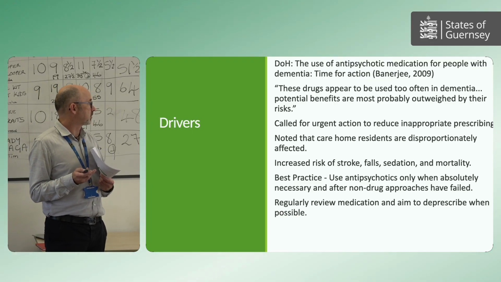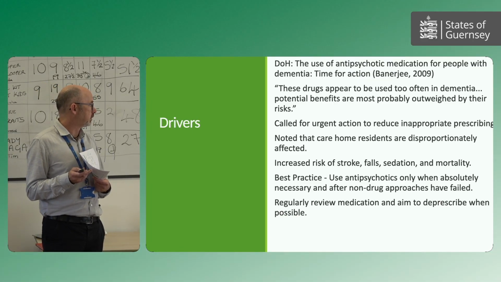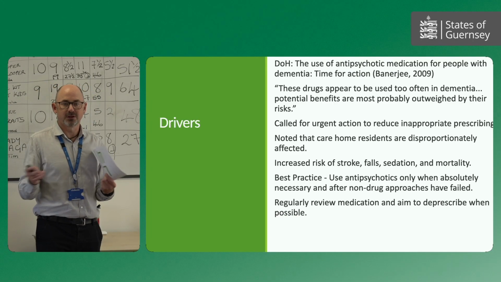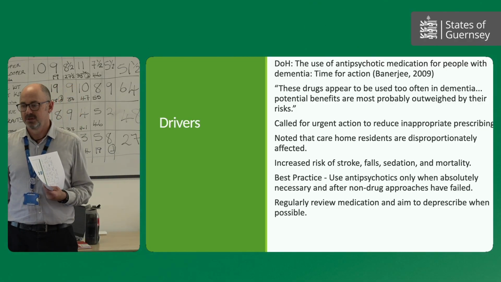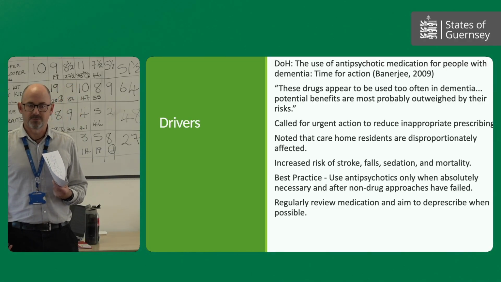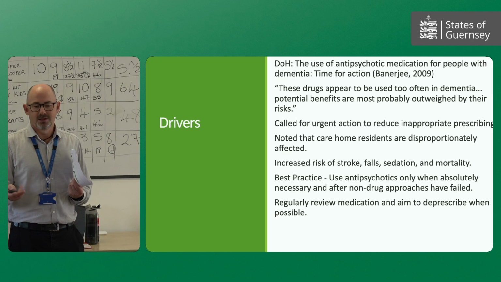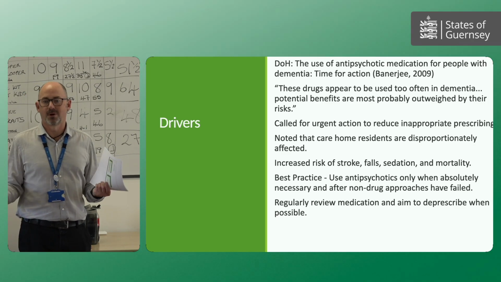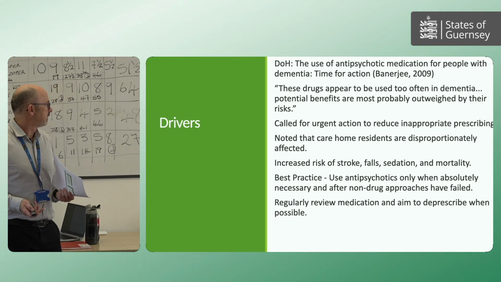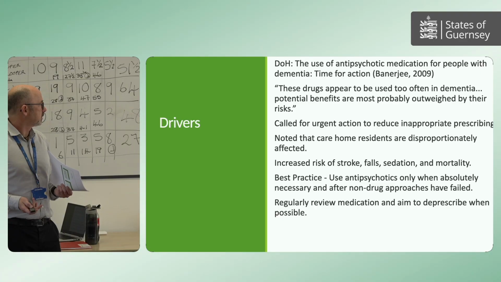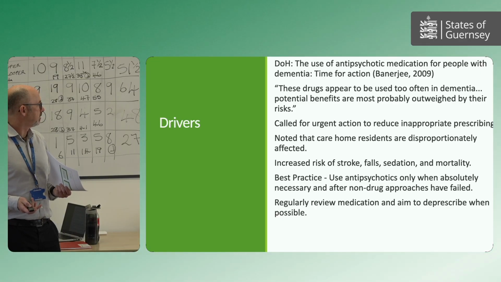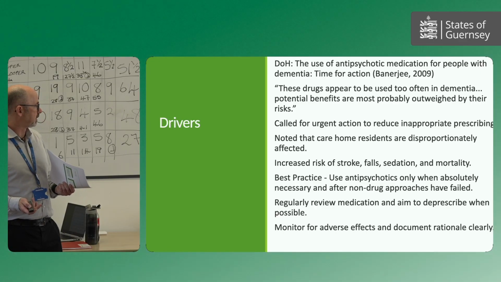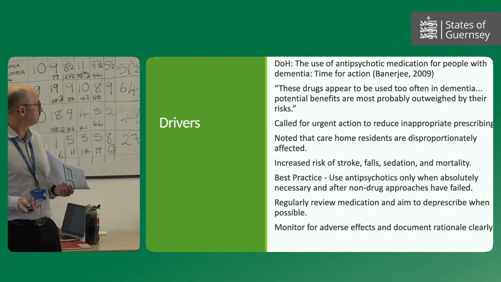Then, if it is prescribed, we should review the medication and aim to take it away, because as we heard, sometimes we can see these patients 10 years down the line still on the medication long after the problem has disappeared. So those are the drivers, and we should monitor for side effects and document the rationale.